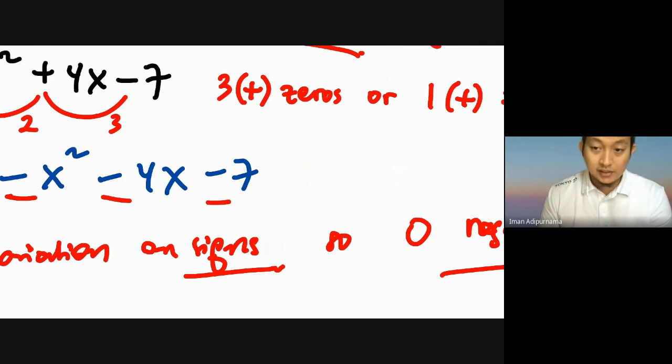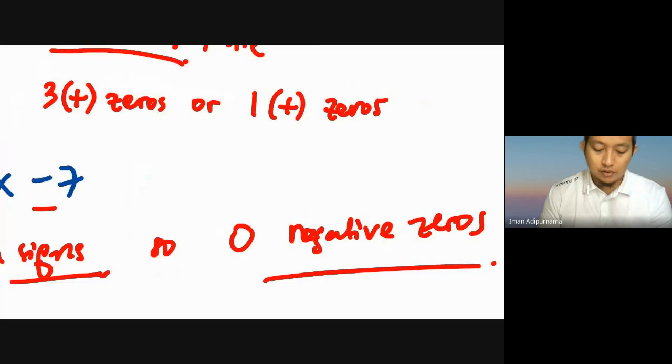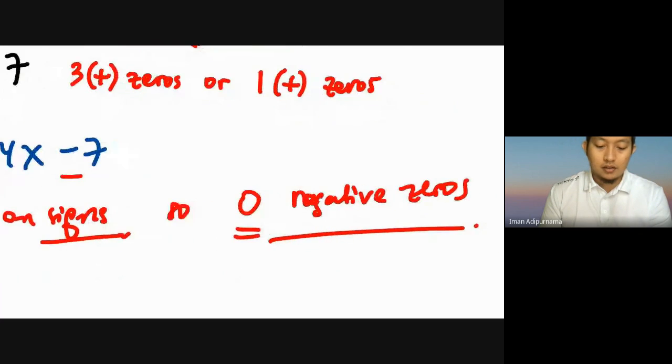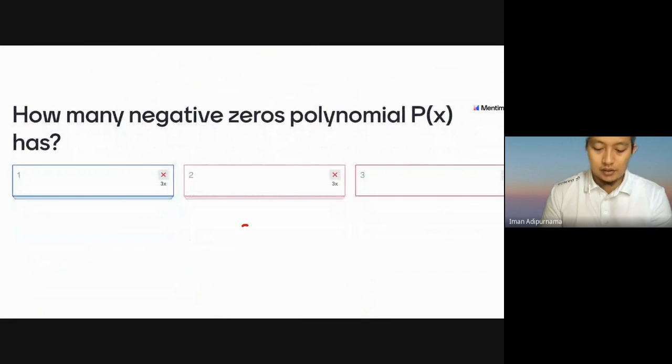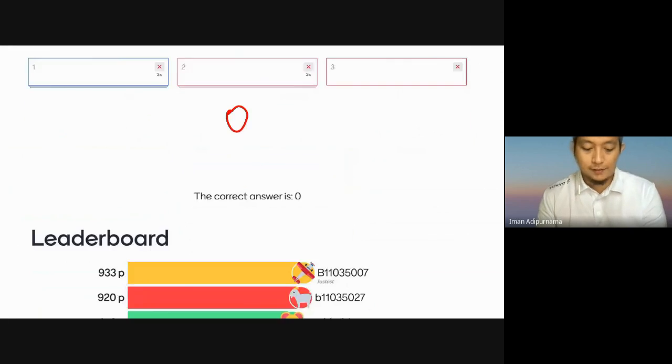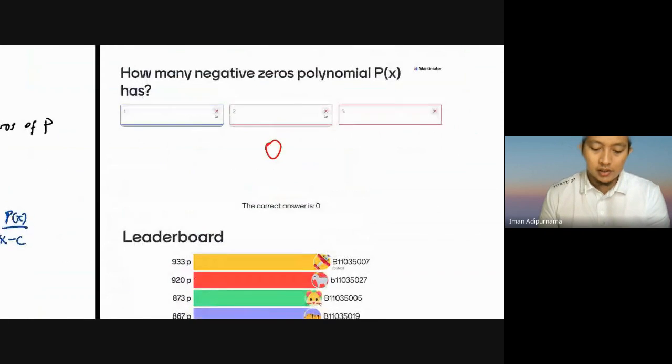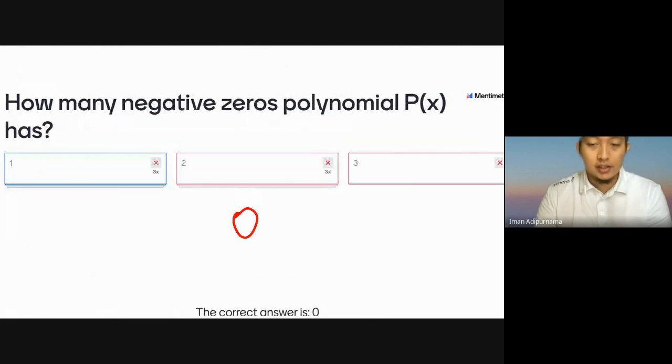It means there will be 0 negative zeros. So how many negative zeros does polynomial P(x) have? It's 0. Yes, 0 is possible. No one answered correctly, so I will review Descartes' rule a little before we move on in this Chapter 3.